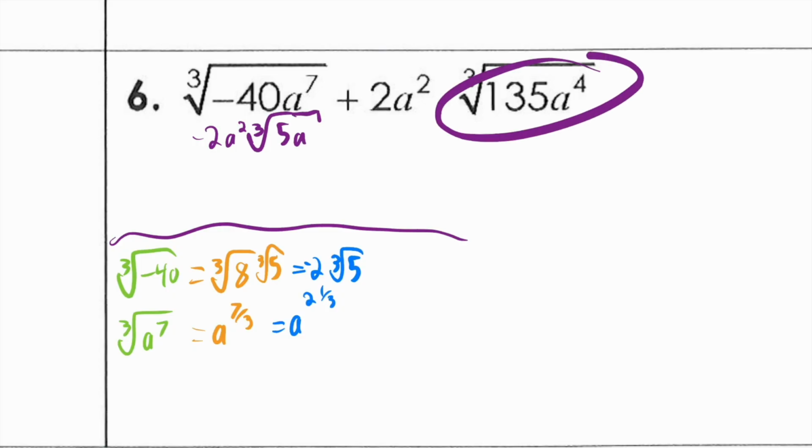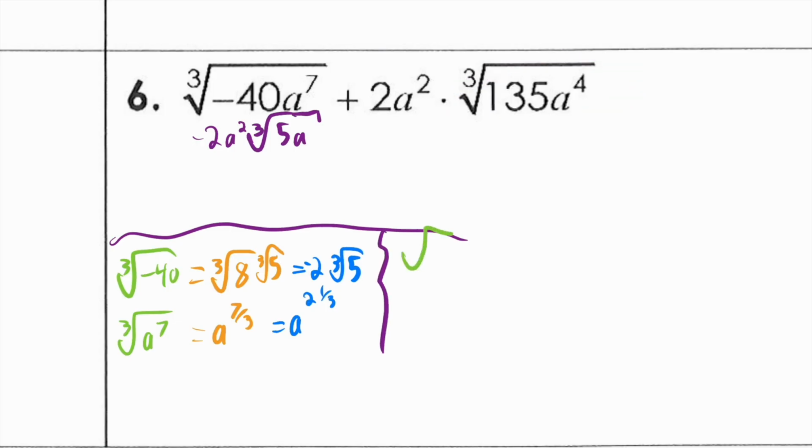Then I'm going to go and do this one as well. Cube root of 135 is the cube root of 27 times the cube root of 5. And that ends up being, I forgot the cube root, 3 times the cube root of 5.